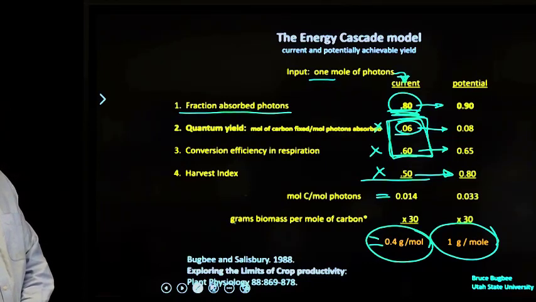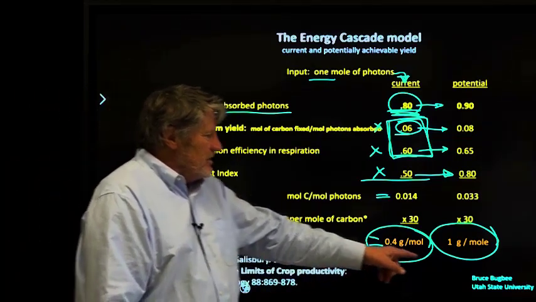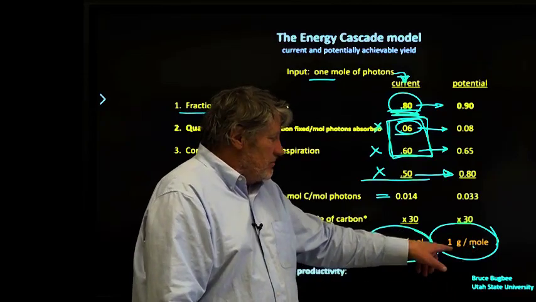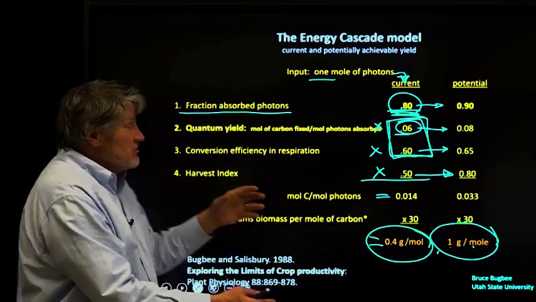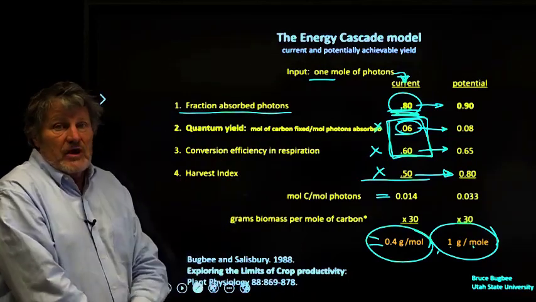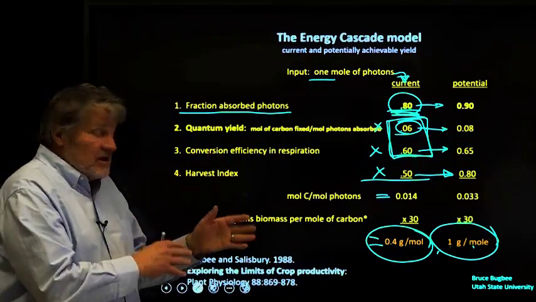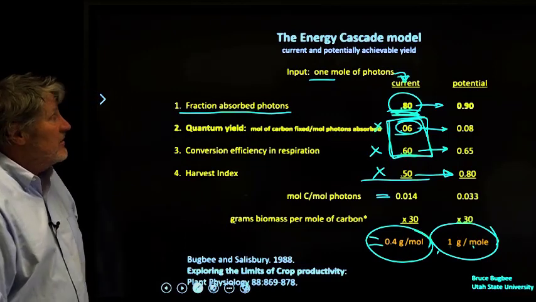And there's 2 values of this. One, if you measure the inputs in moles of photons and you measure the output, you get this ratio. But if you have a gas exchange system, you can measure all of these parameters independently every day of the life cycle.